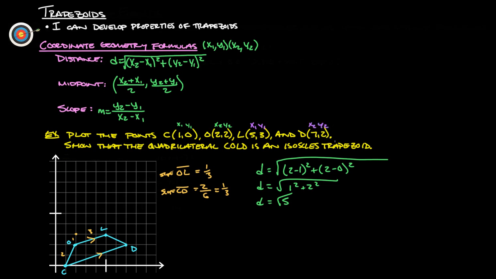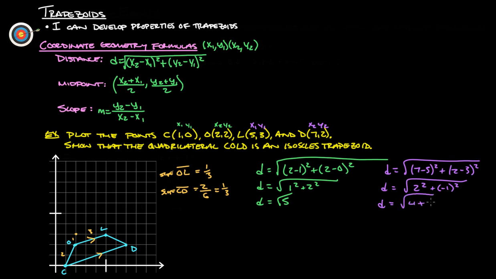So it's x2 minus x1, 7 minus 5 squared, and then 2 minus 3 squared. So 7 minus 5 is 2 squared, and 2 minus 3 is negative 1 squared. So 2 squared is 4.